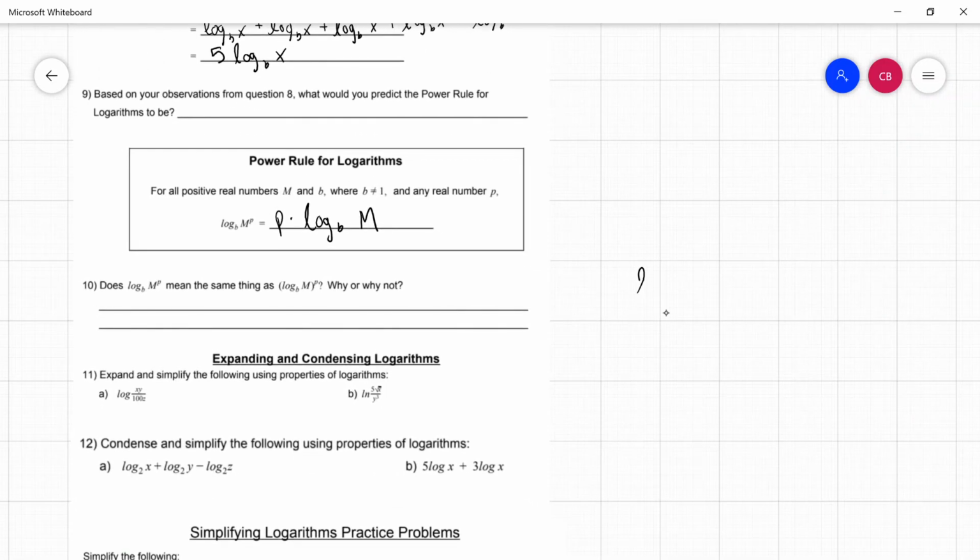If we have log b of m to the p, I'm tempted to say no, because if we know that this one produces this, then can we say this?